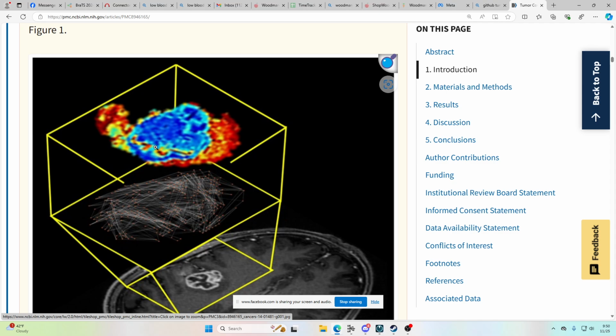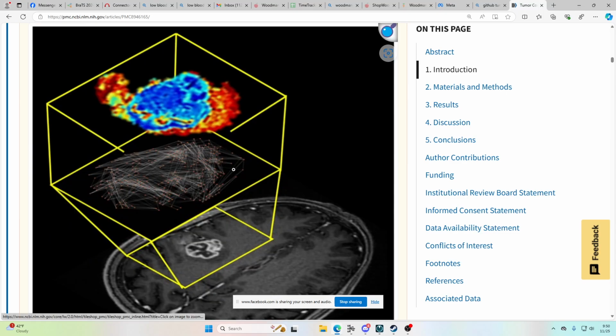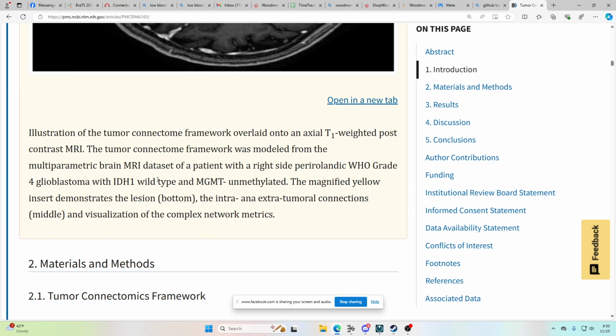So it'll have like T1, T2, and maybe FLAIR. It has all those types of multi-parametric data sets. And this is how they visualize it. They take a slice and there's a tumor, and then they do connectomics on it, and then colorize the graph theory metrics and identify different tissue types from that.